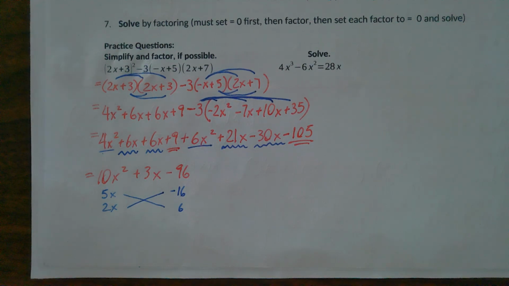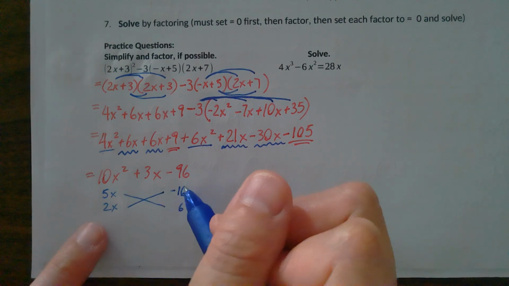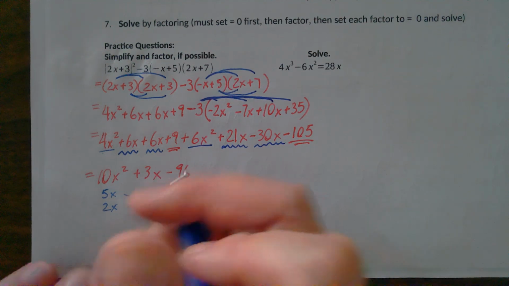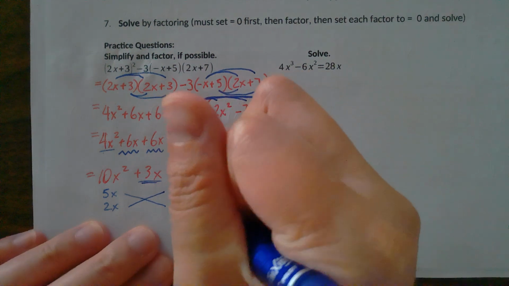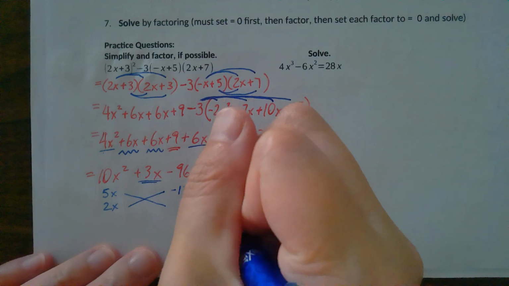Let's say I do this, the cross multiply. I get 30x minus 32x. I'm off by a little because I get negative 2. After I cross multiply, I want to get that 3. So that's not it. Let's try what William said: negative 12 and 8.